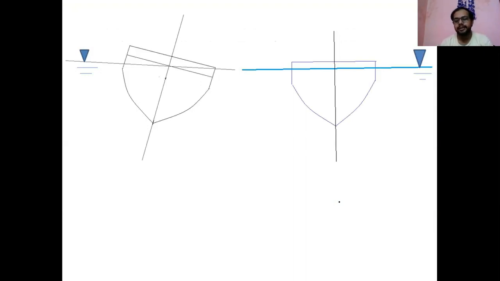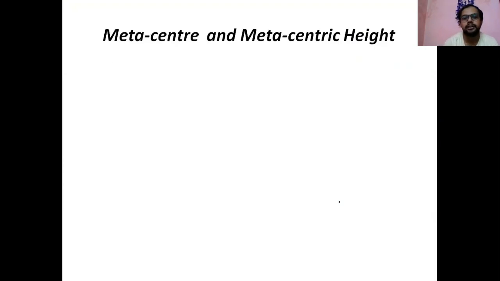Metacenter, hopefully you have got it. The metacenter is denoted by M, and the metacentric height is denoted by GM. The distance between the metacenter and the center of gravity along the central line is known as the metacentric height.